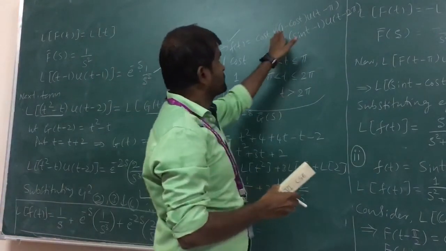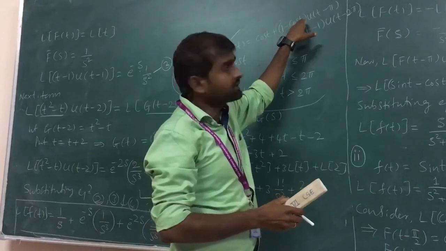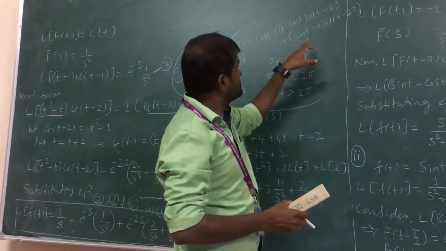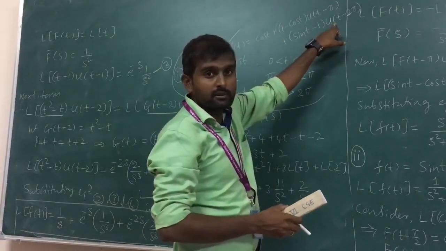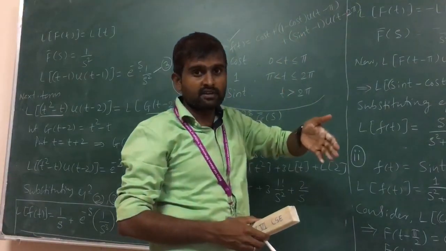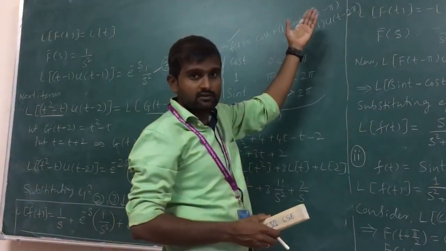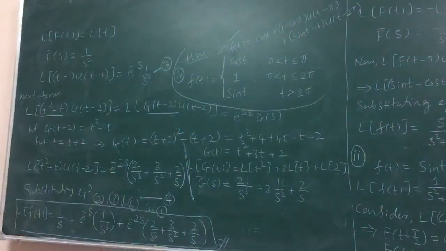Now separate this: take capital F of t into u of t minus pi, then capital G of t into u of t minus 2 pi. Solve for capital F of t and capital G of t, then substitute here, and that is the answer. Now try this example, the fourth one.